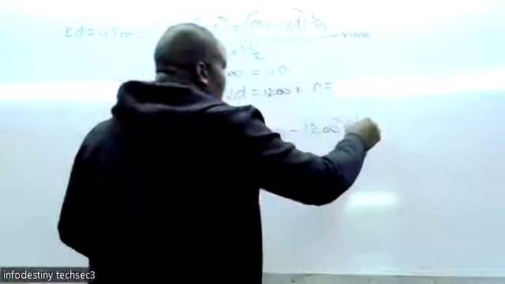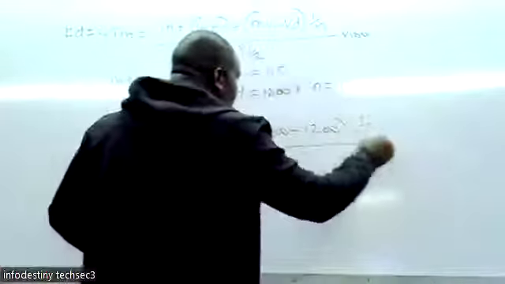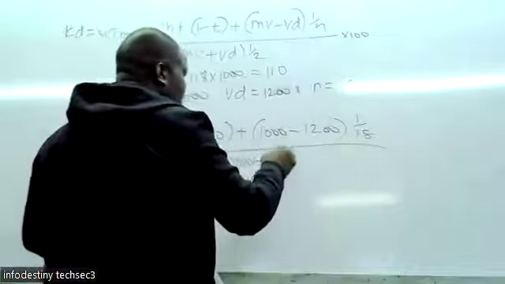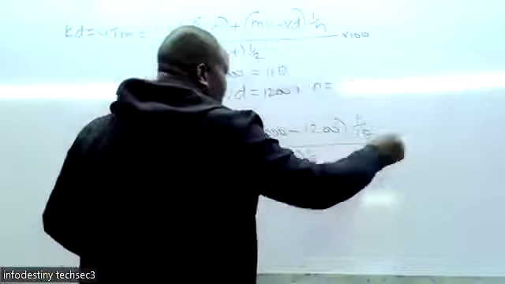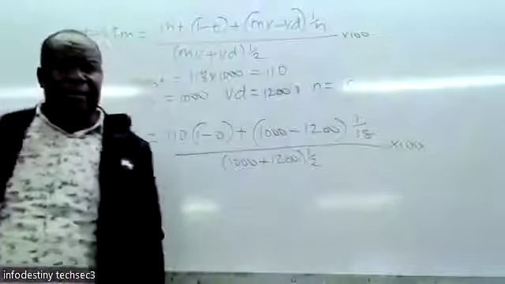Then 1 over N, where N is 18 years. Then there will also be 1,000 plus 1,200, which we multiply by a half, then express that figure as a percentage.